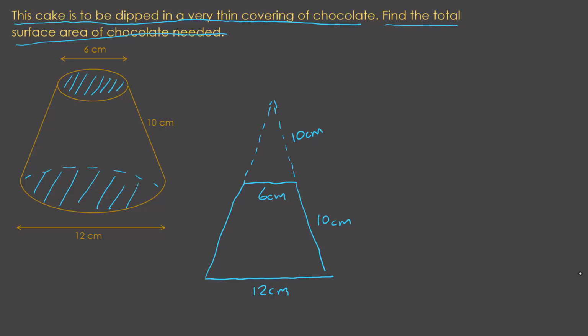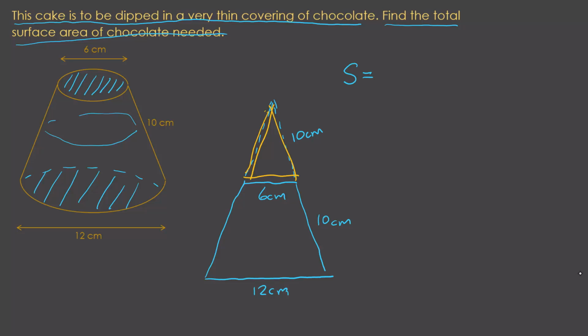So we could work out the surface area of the curved section of this by doing the big cone and taking away the small cone that I've added to the top. So let's think about the surface area.